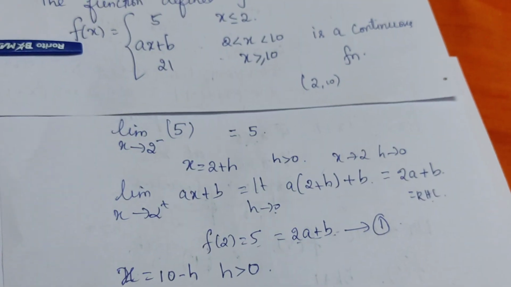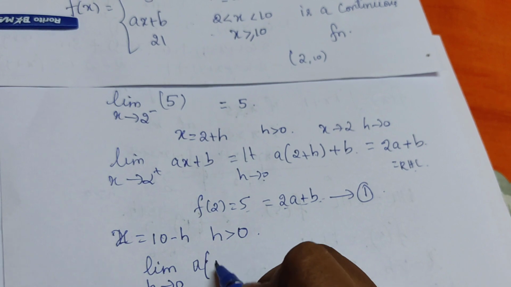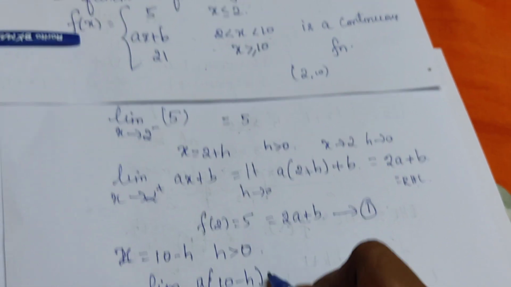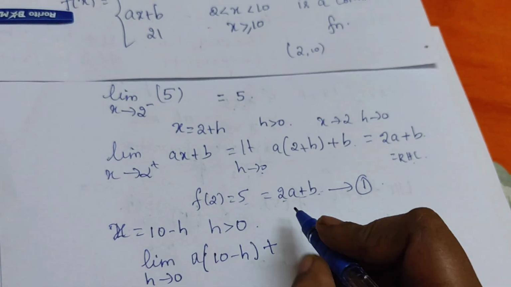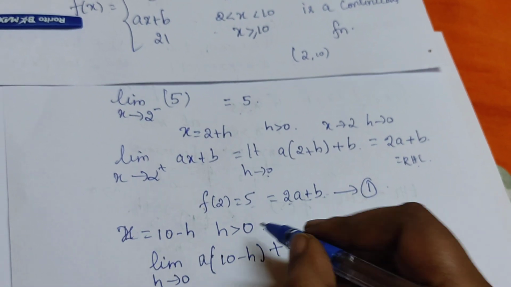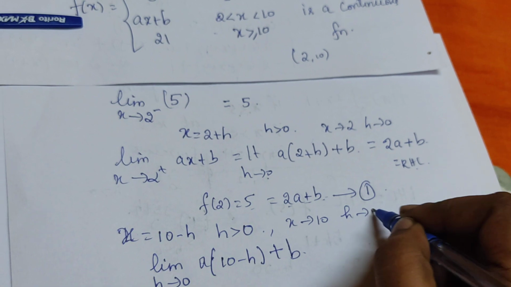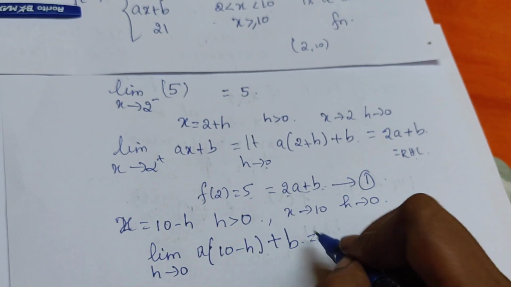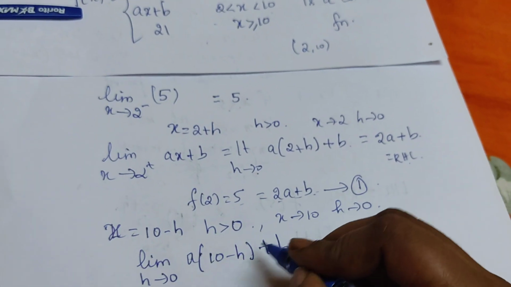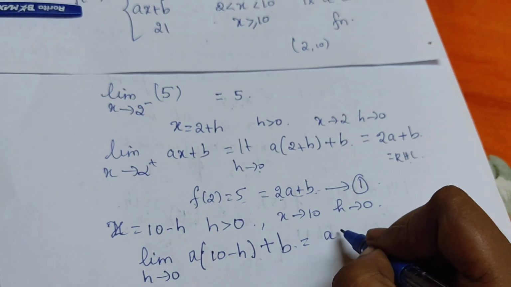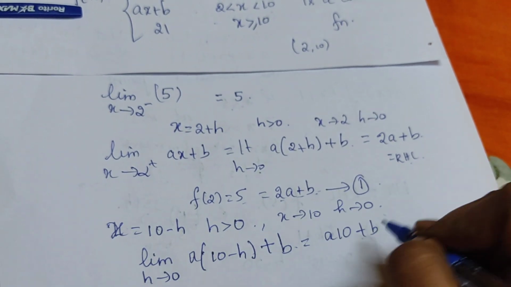So in place of x we will replace 10 minus h, plus b, b constant. See here again, as x tends to 10, h tends to 0. We'll apply this. Now after substituting the limit, this h vanishes. So we will have 10a plus b.